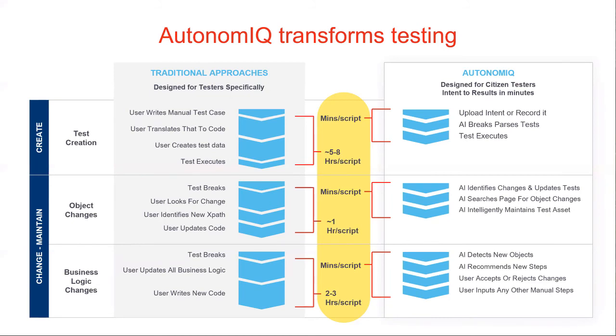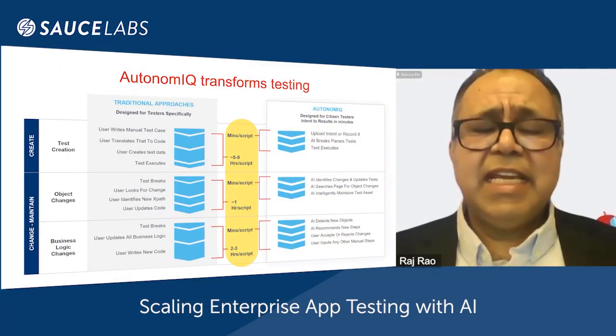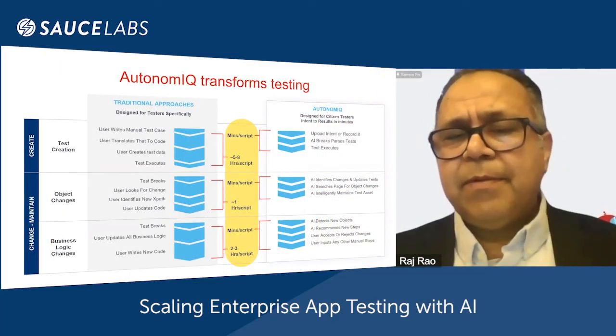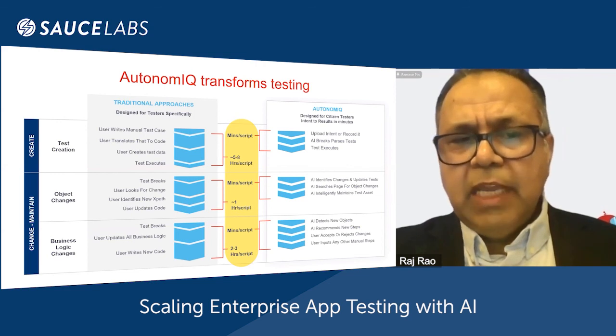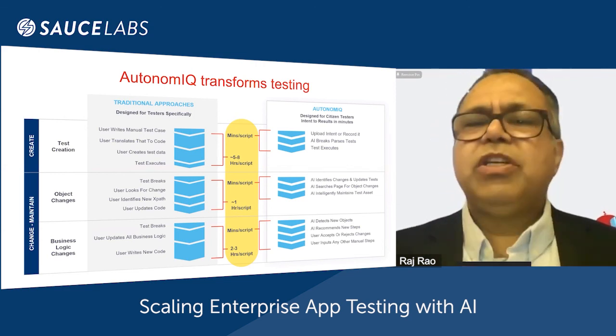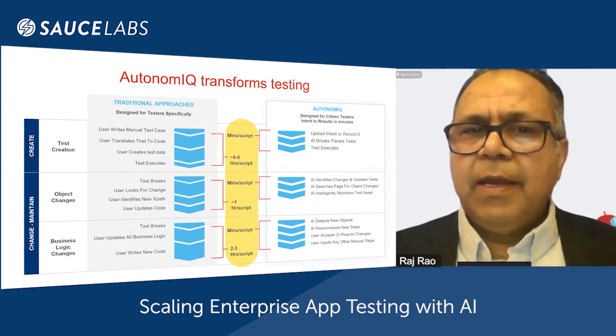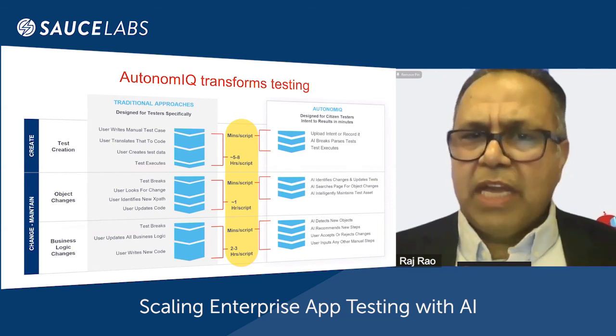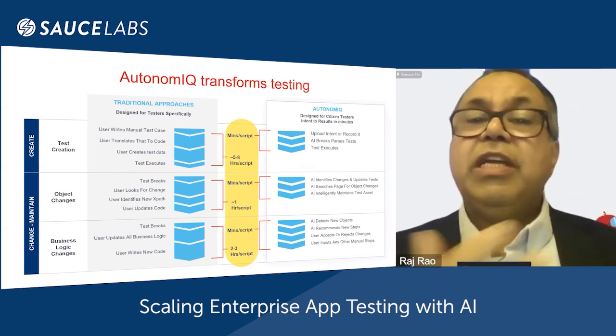And maintenance is free because we have something called auto healing, which understands changes. And based on the changes, it will automatically adjust. Doing these things, we have transformed testing from a traditional bottleneck situation into more of an agile process that matches your development efforts.